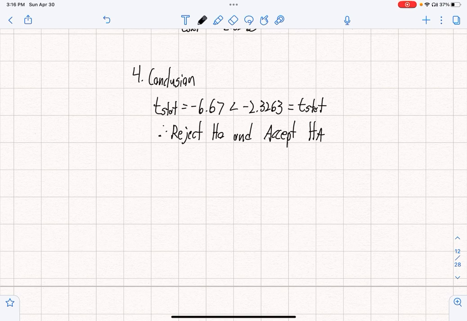Unfortunately, we do reject the null hypothesis here.